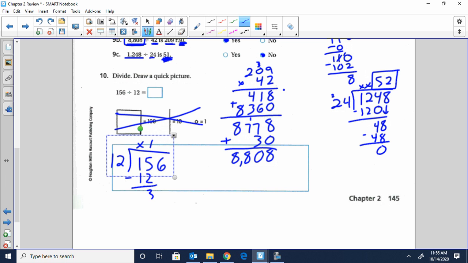Bring down the 3 after I subtract. 6 comes down. Now we have 36. 12 times 3 is 36. So that's 3 times. Subtract, I get 0. And 156 divided by 12 is going to be 13.